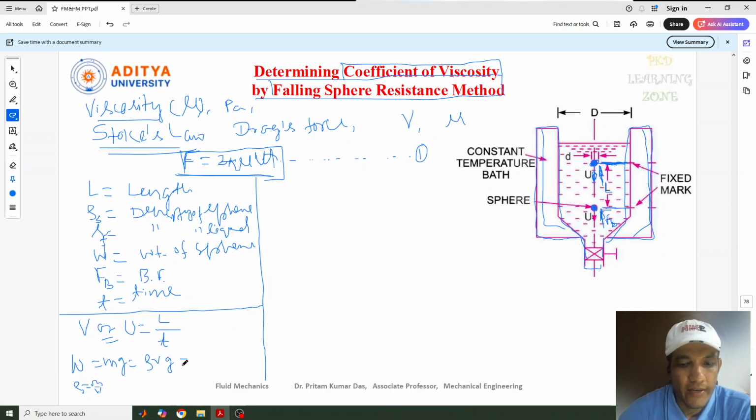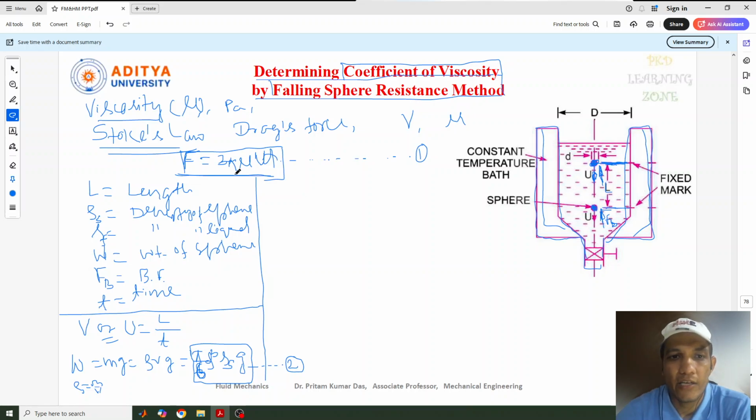And the volume of the sphere is pi by 6 d cubed, into rho, which is the rho of the sphere, into g. Let this be equation 2. This is the weight.